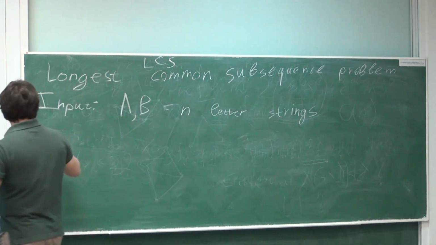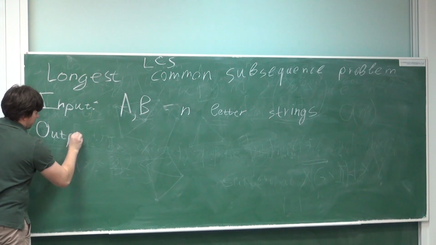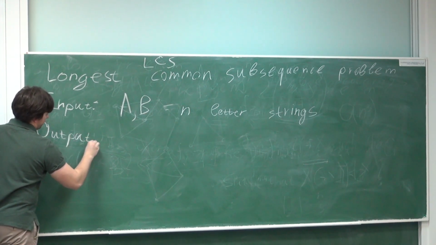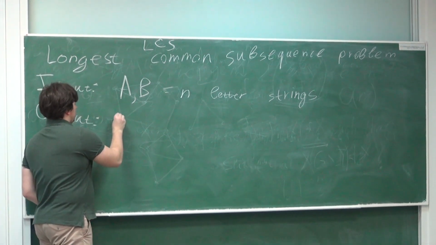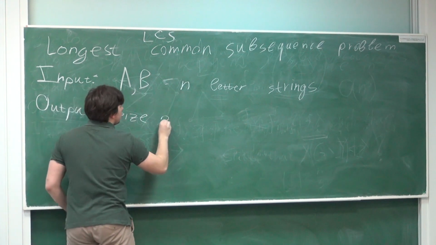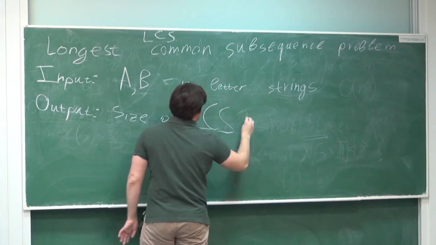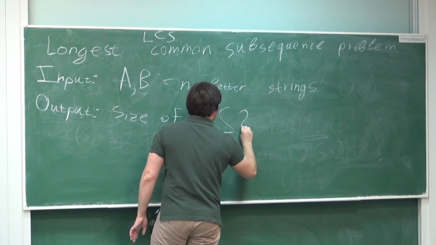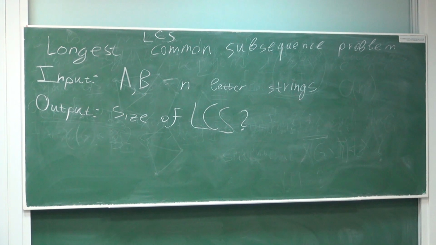And your output should be the size of LCS. So what is the longest common subsequence for those two strings?